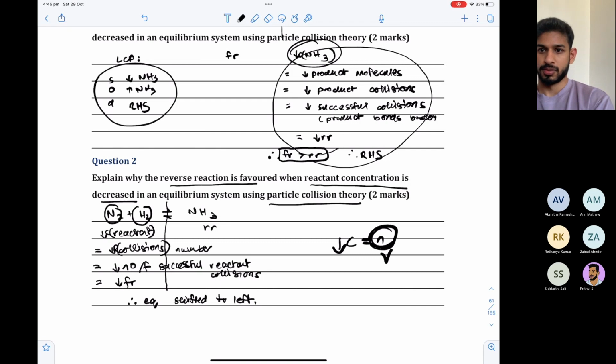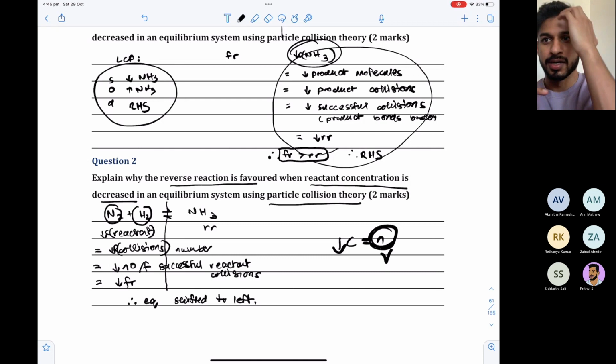Good, good. Siddharth, question? While the reverse reaction rate is decreasing in the first question, does the forward reaction stay the same? Yes, it does stay the same immediately. But do you agree? It will change slowly, right? They equilibrate.